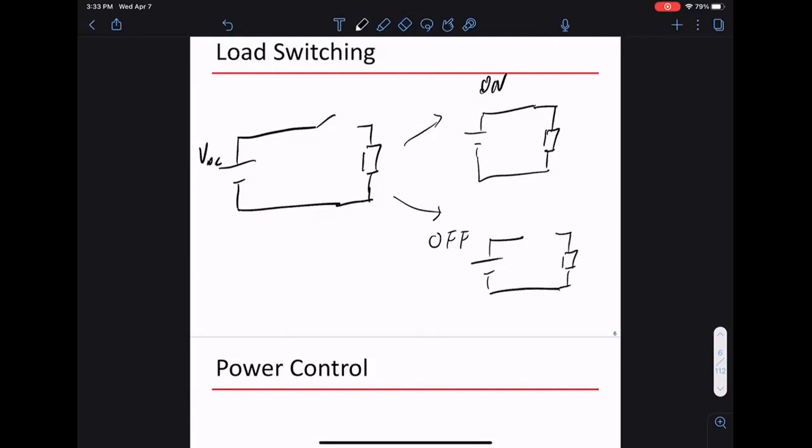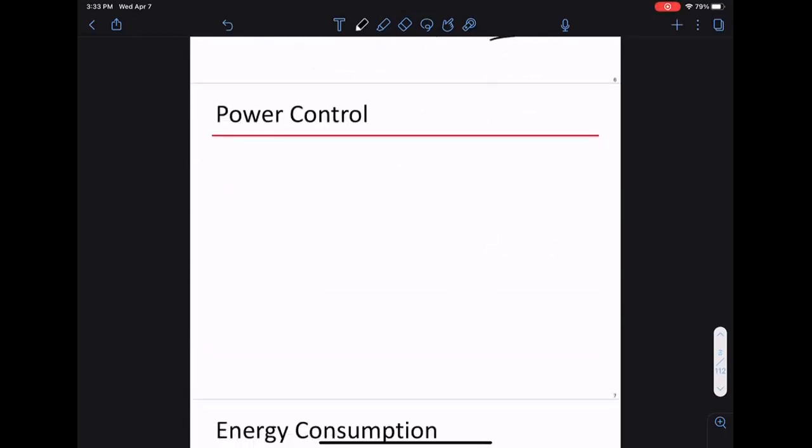So these are called on-off states. On means that your switch is closed, current can flow. Off means your switch is open, there's no current flow. But this gives you pretty good control for power and voltage.